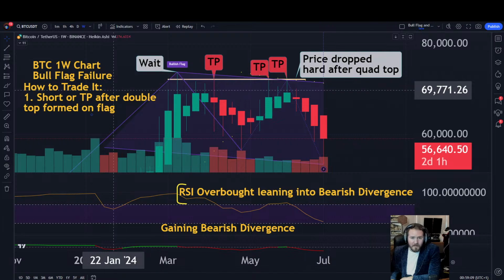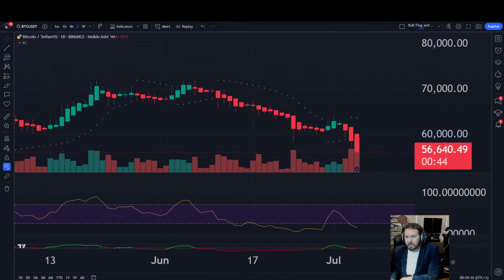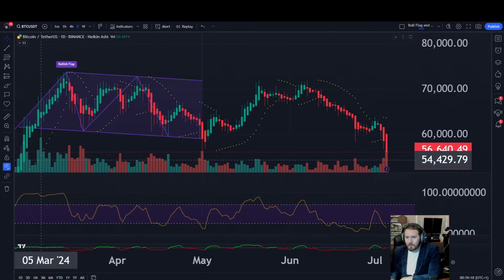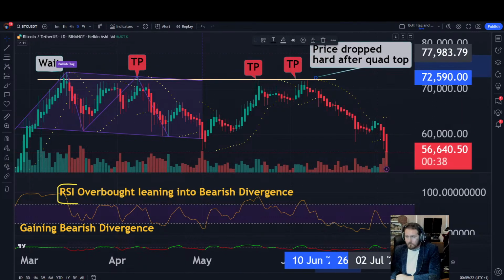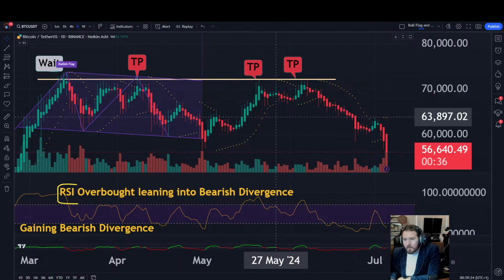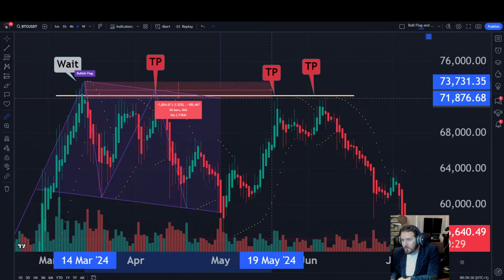If Bitcoin did not make a higher high over 100 days, historically we drop hard. So let's look at the 100-day mark from all-time high real quick to map that out. I want to map that exact candle.